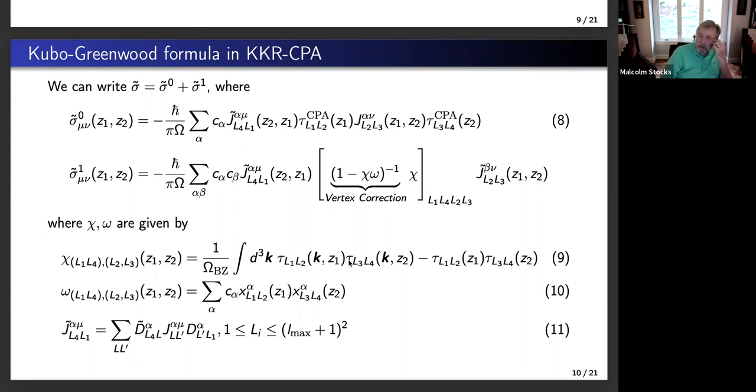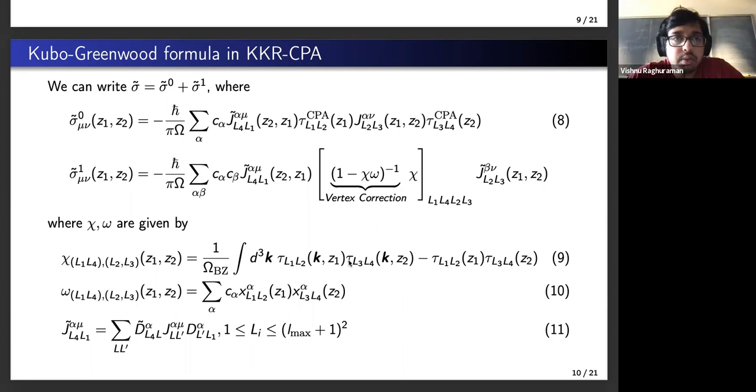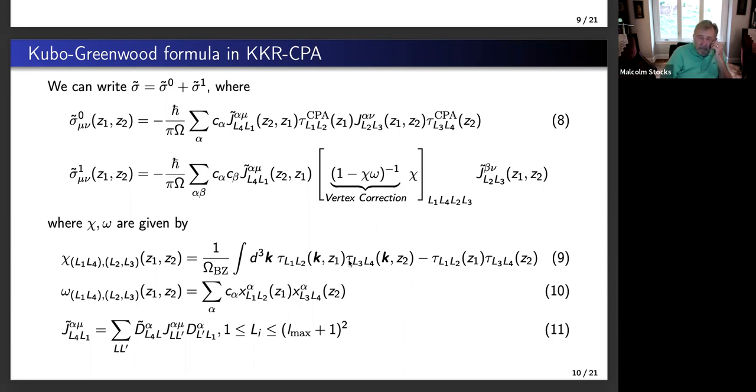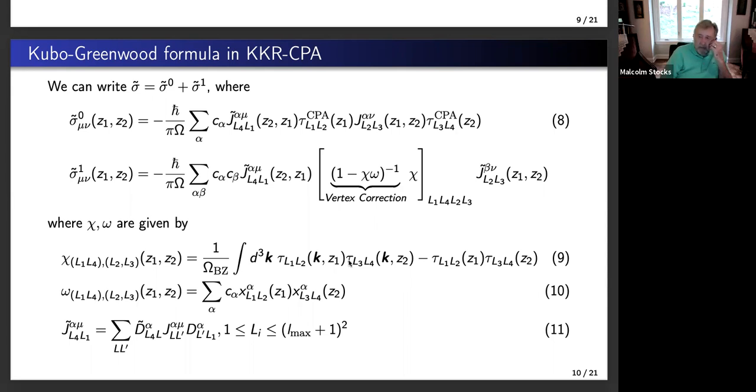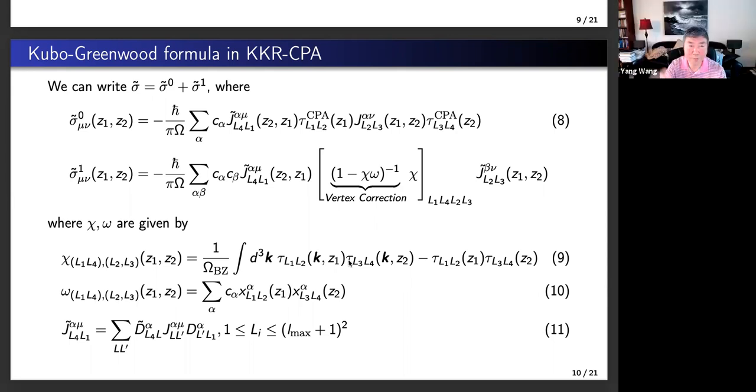I think it should work because we haven't used anything specific about cubic. The only approximation we use is the muffin tin potential, but apart from that, it should work for anything. With this code, you tell it the crystal structure and it generates the rotation matrix for you. It's not constrained.